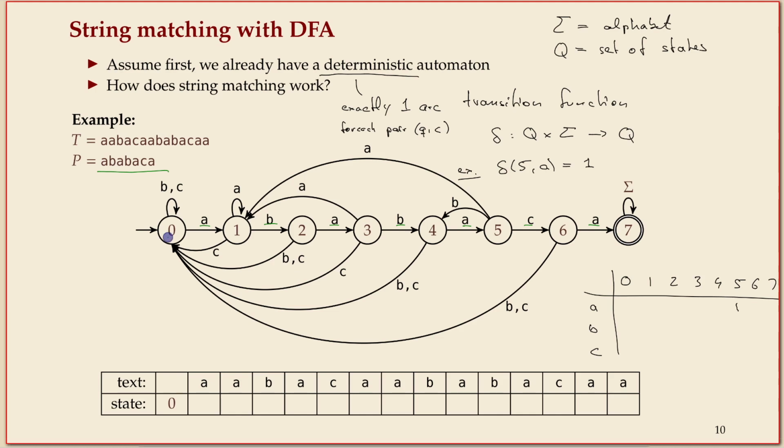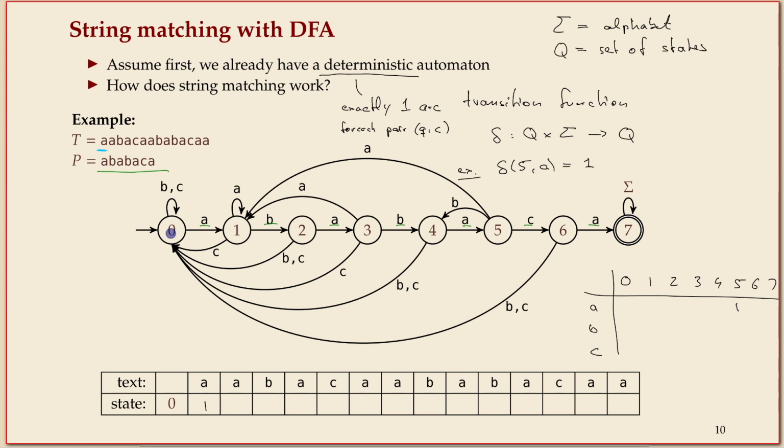The way this automaton works now is hopefully very intuitive. You initially start in the start state. You always are in one state. And then you just do what the arcs tell you to do by reading through the text. So you're initially in state 0. Then if you read through the text, the first thing you find is an A. So you're in state 0. You read an A that takes you to state 1.